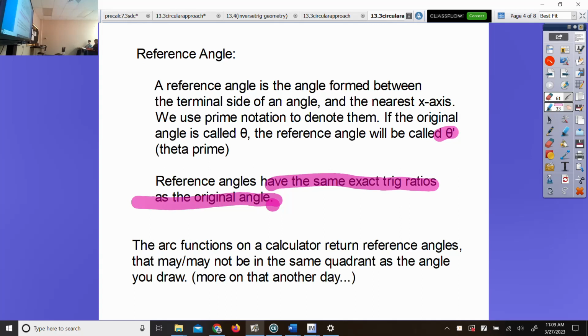Next down there it talks about the arc functions on the calculator. The Thursday before spring break, I had you guys press the arc buttons on the calculator. Probably don't remember that, but you did. The arc functions on a calculator return reference angles. And here's the truth about them. They only work in quadrant 1.